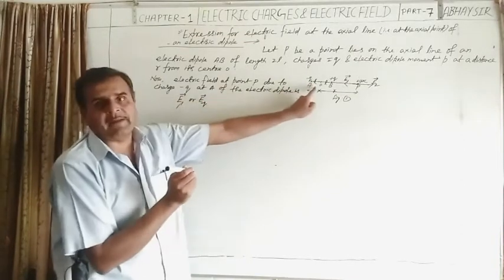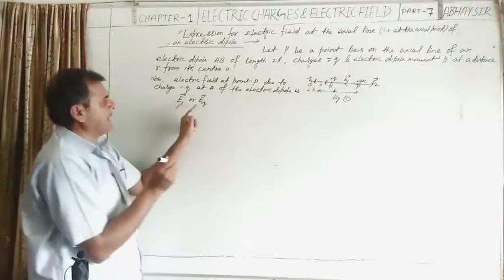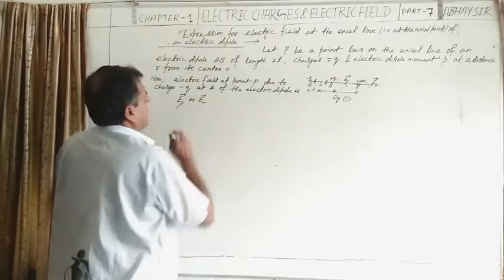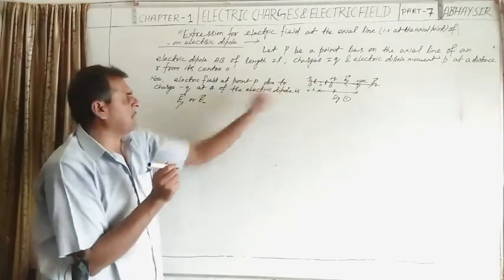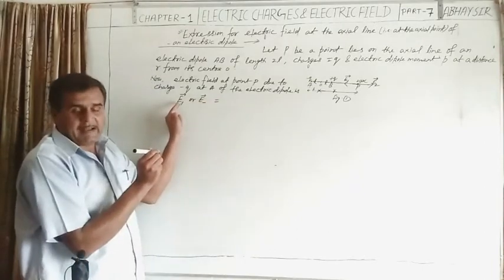At point A, minus Q charge lies. Minus Q or simply minus. We can write E1 vector or E minus, E minus for charge minus Q. Or we can write it as a vector, having magnitude and direction both.